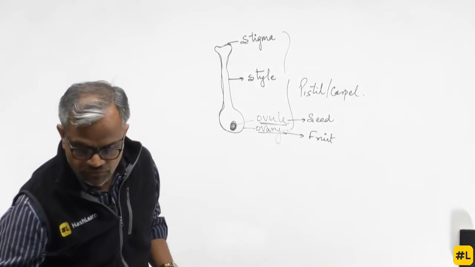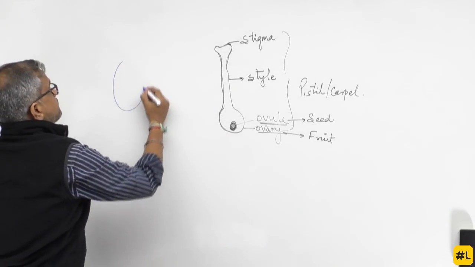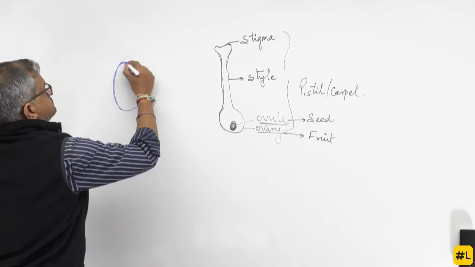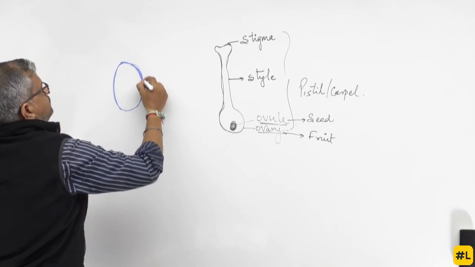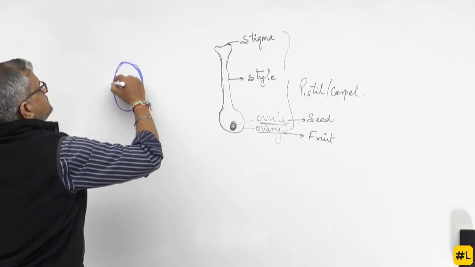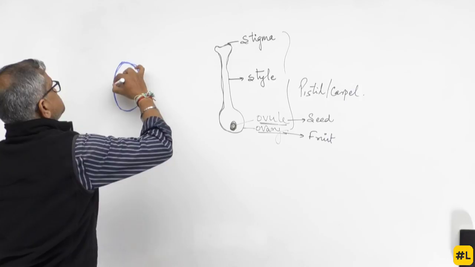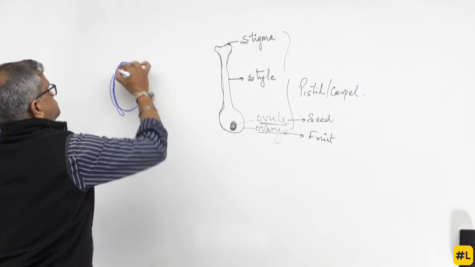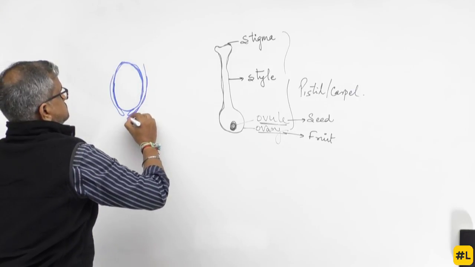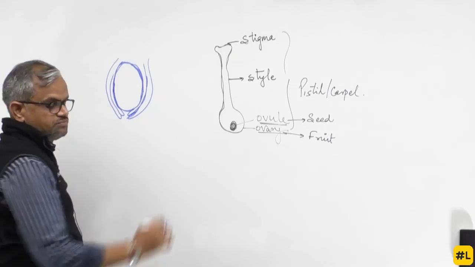The structure of the ovule is an oval structure. I am just making it thick, otherwise it is single layered. The most important thing you should always remember is these are the two integuments.